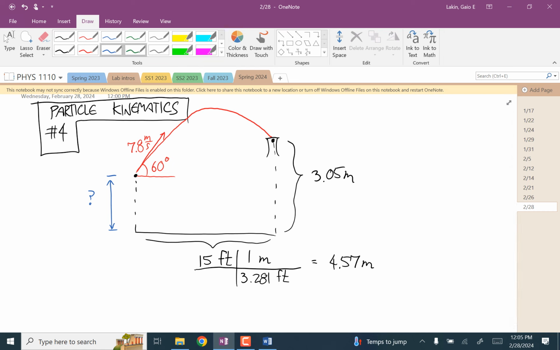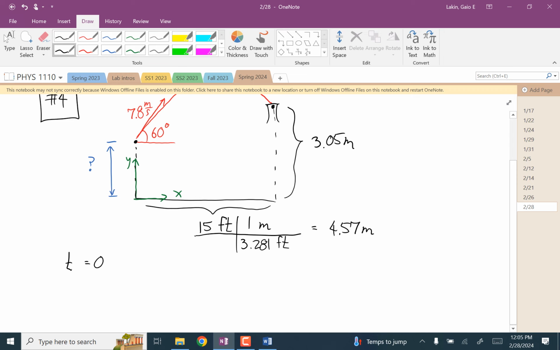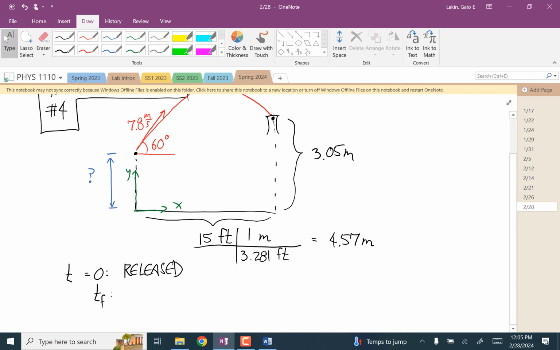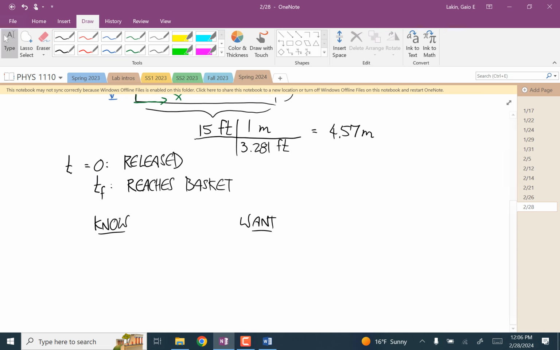Okay, so I'm going to put my coordinate system on the ground underneath where it's shot from. My time equals 0 is going to be the instant it's released, and time final is going to be the instant that it reaches the basket. We don't know how long it takes to get to the basket.